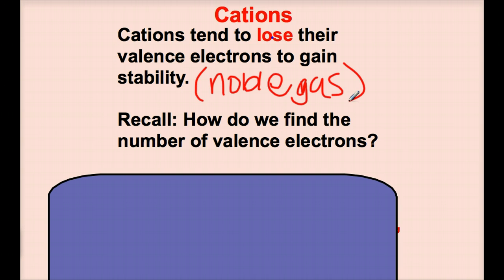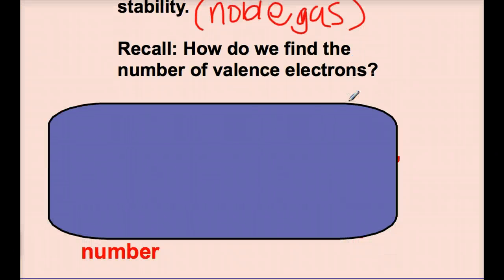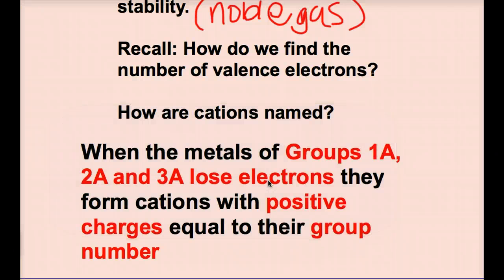Just to refresh our minds, how do we find the number of valence electrons? Well, part of this is already showing, but when the metals of group 1A, 2A, and 3A lose electrons, they form cations with positive charges equal to the group number.